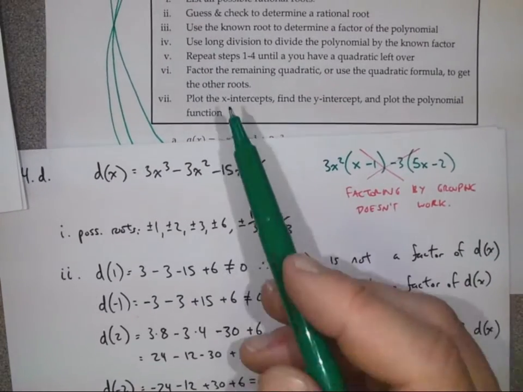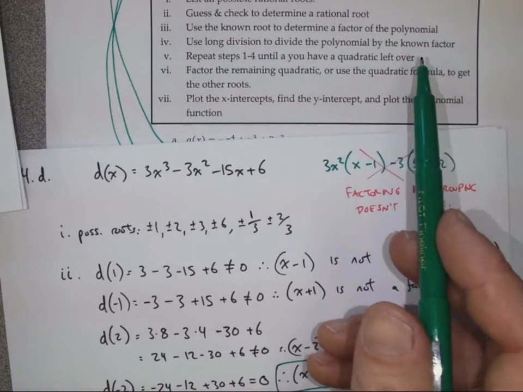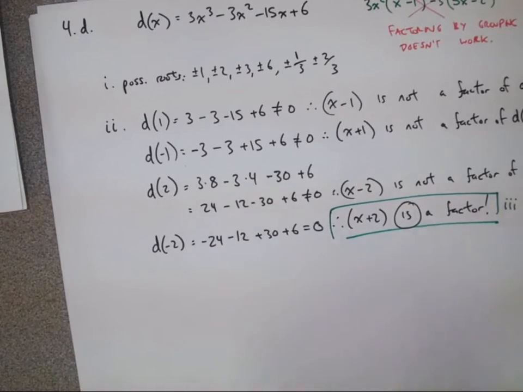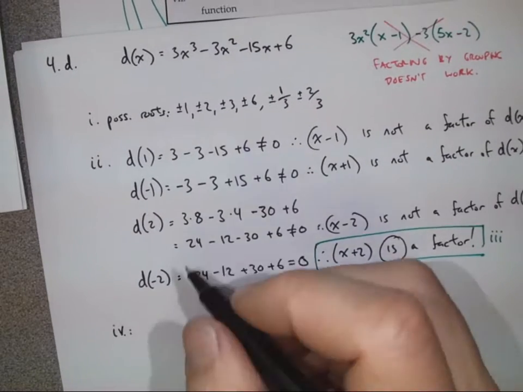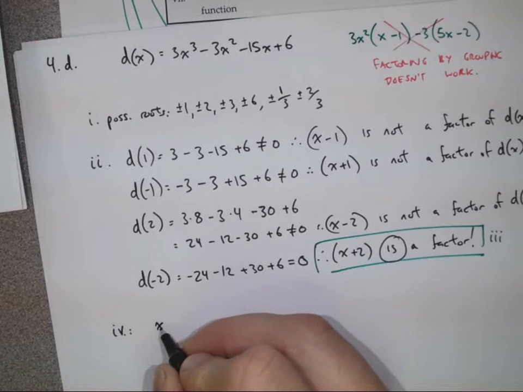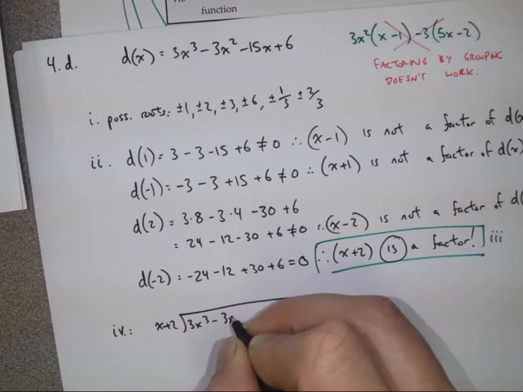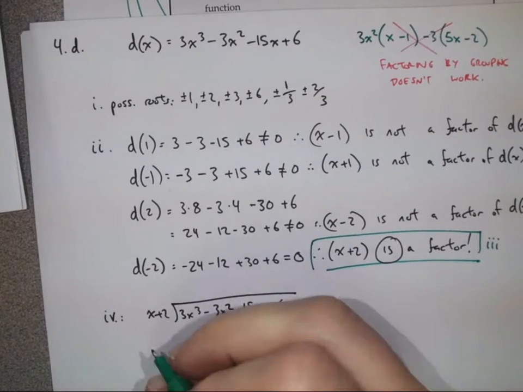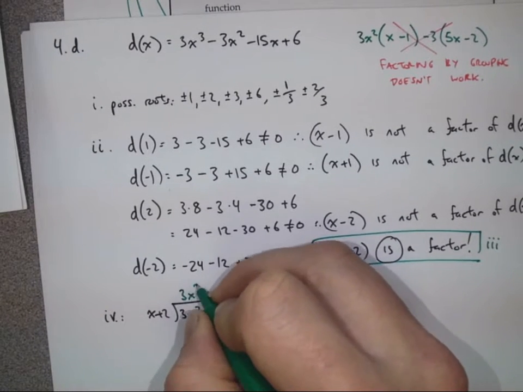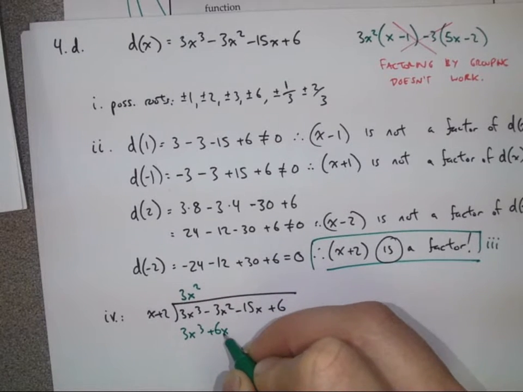Now step 4 is we're going to use long division to divide our polynomial by our known factor. So we're going to do step 4 here, which is to use long division to divide x plus 2 into 3x cubed minus 3x squared minus 15x plus 6. We've done a lot of practice with this, so I'm just going to go through that kind of quick. 3x squared, 3x cubed plus 6x squared.